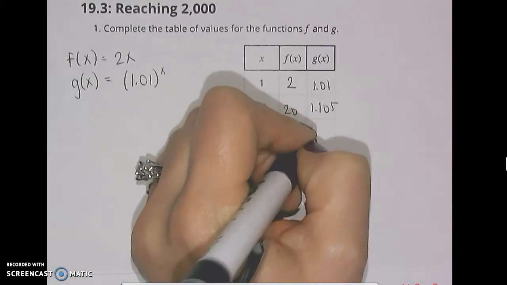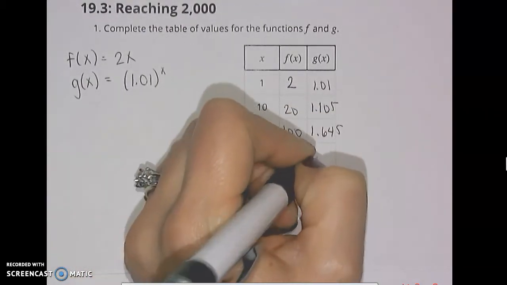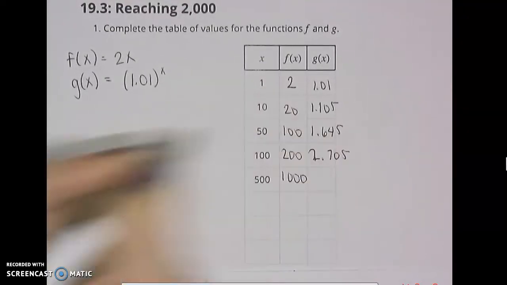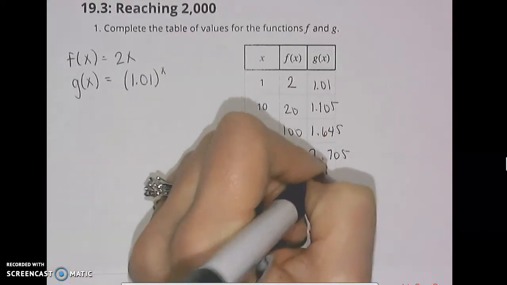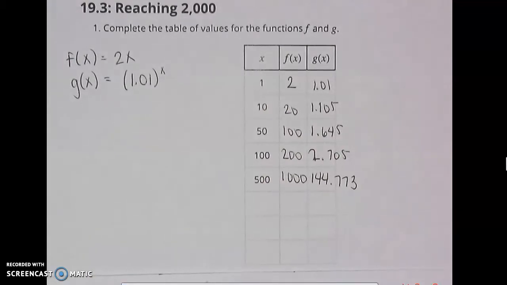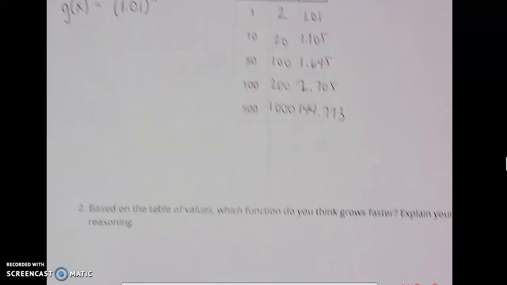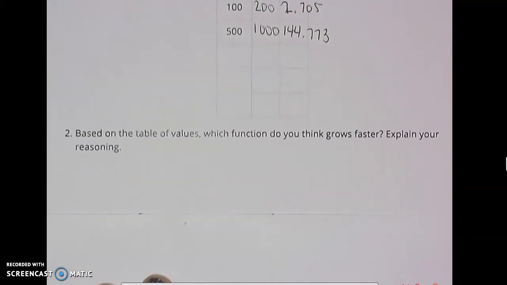So when we plug in 50, we would get 1.645. Plugging in 100, we would get 2.705. And plugging in 500, we would get 144.773. Again, those are rounded to 3 decimal places. Number 2 here says, based on the table of values, which function do you think grows faster?